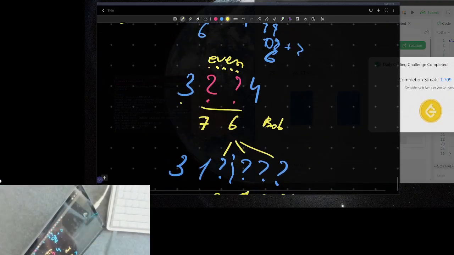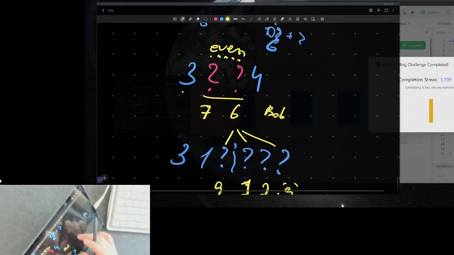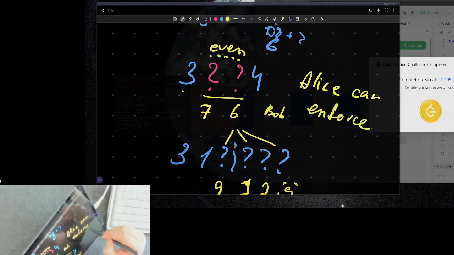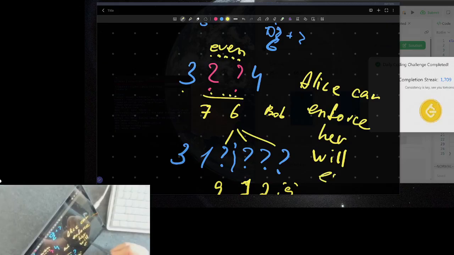But actually we can tell that Alice can enforce her will if the number is even, because each time she plays, Bob plays some other number.